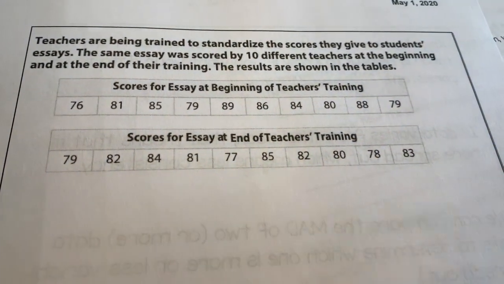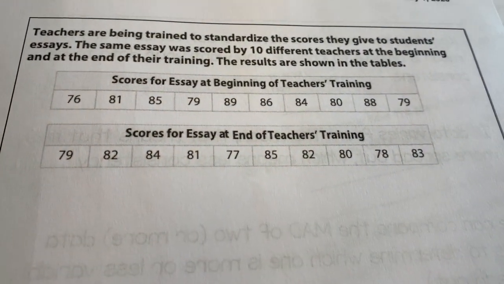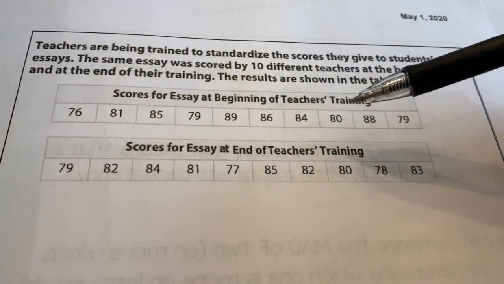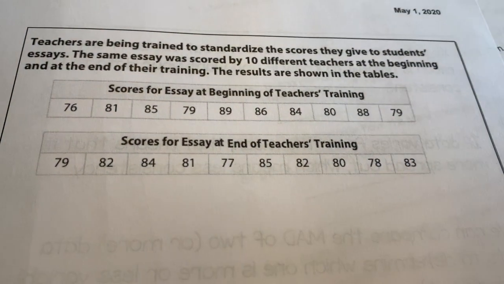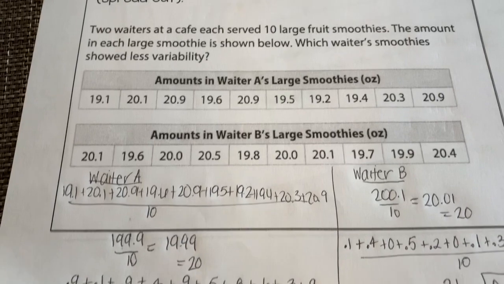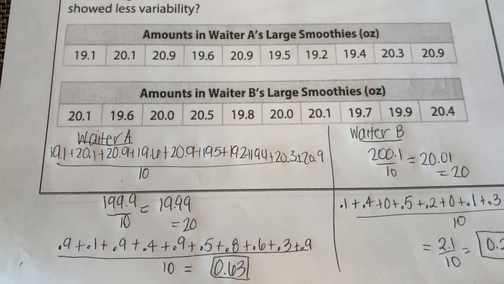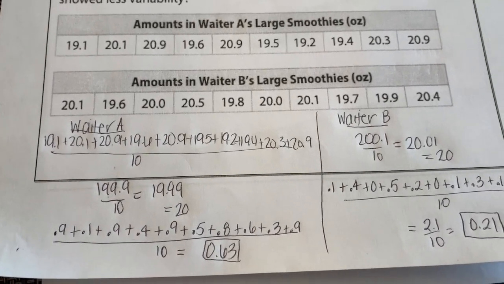So that means that they want the scores to start getting closer to the same when teachers score them. And so what you want to try to look for is whether or not the variability decreased or not, if you want to do that, okay? And you don't have to. So that's that. This is how you do it. It's a lot of numbers, so please, you can use your calculators. I really don't want anyone to be going crazy adding this all by hand, okay?